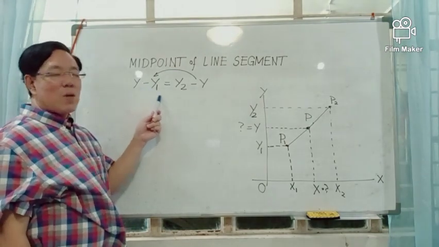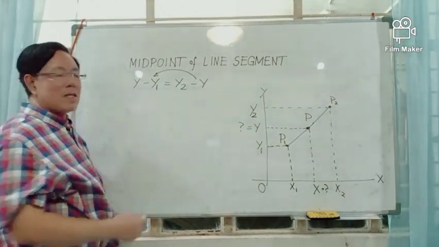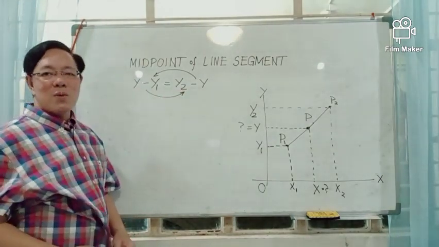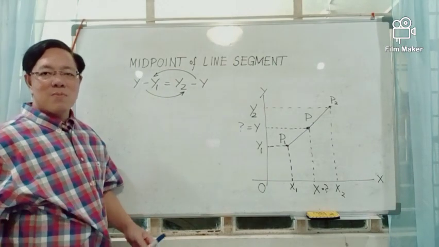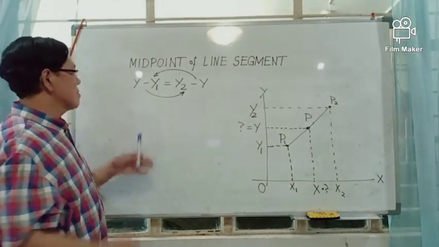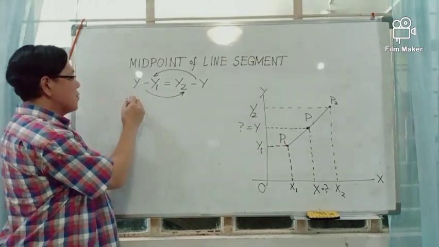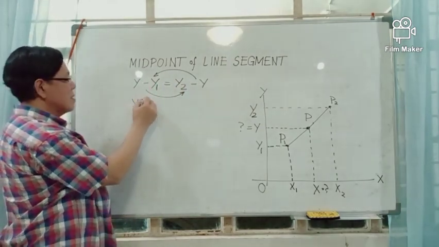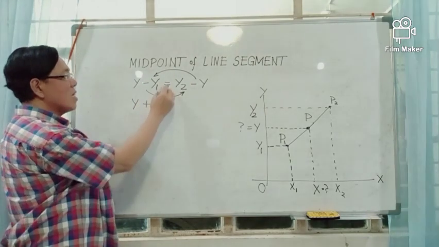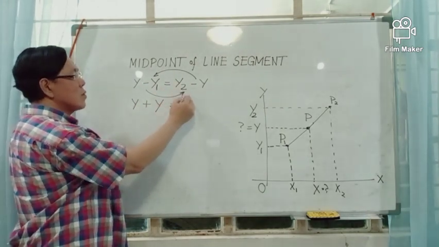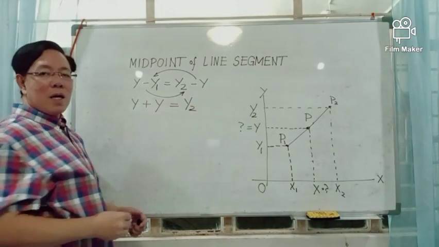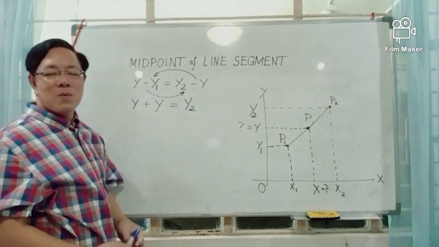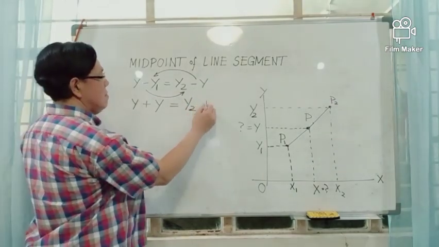And negative y1 we transpose to the right. And when you transpose negative y1 to the right side of the equation, it becomes positive y1. From the left, we have y, negative y to the left, it becomes positive y equals y2, and we transpose negative y1 to the right, we get positive y1.